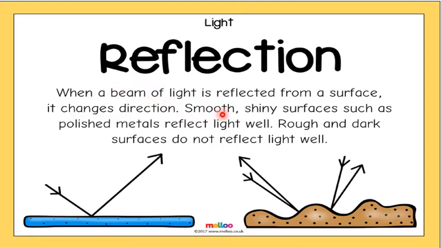When a beam of light is reflected from a surface, it changes the direction. Smooth, shiny surfaces such as polished metals reflect light well, while rough and dark surfaces do not reflect the light well. And here is the comparison of these two surfaces.